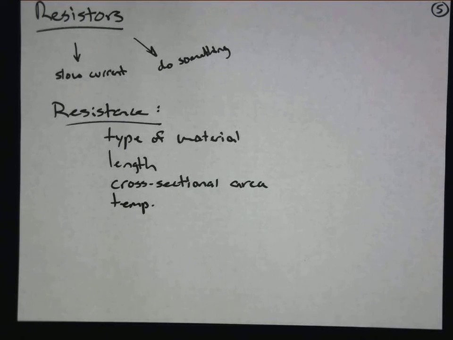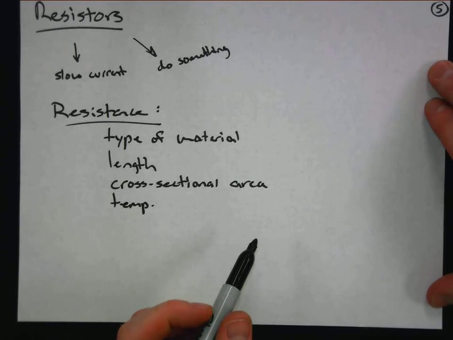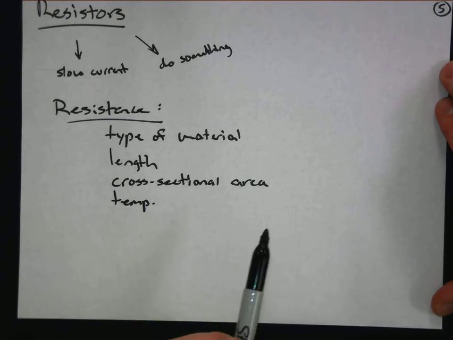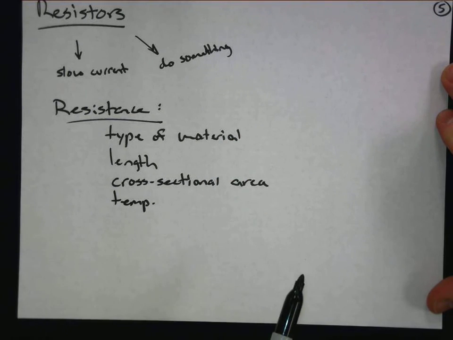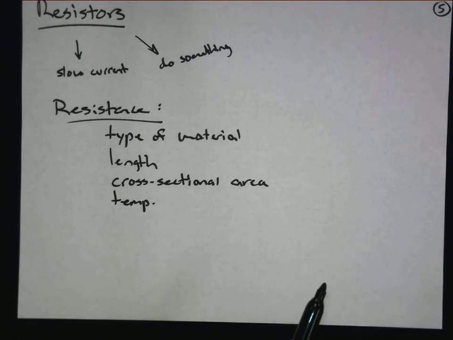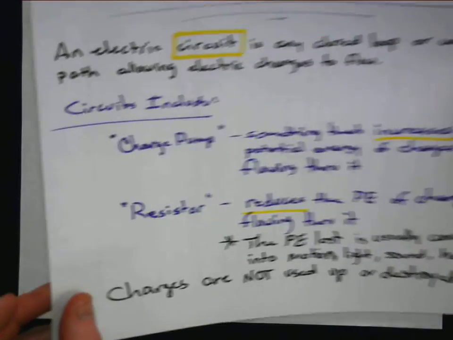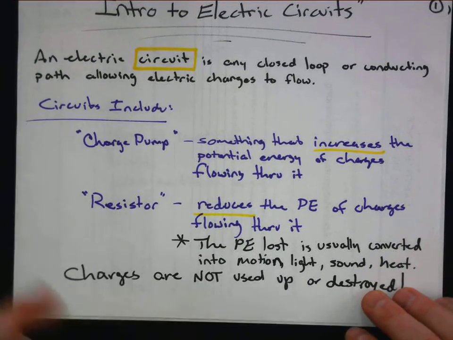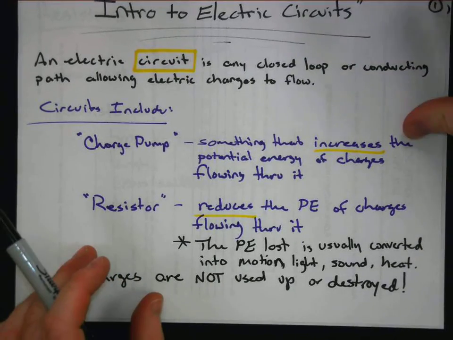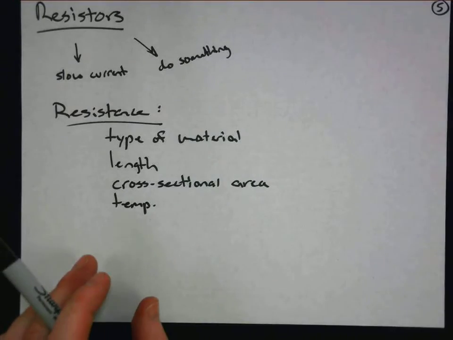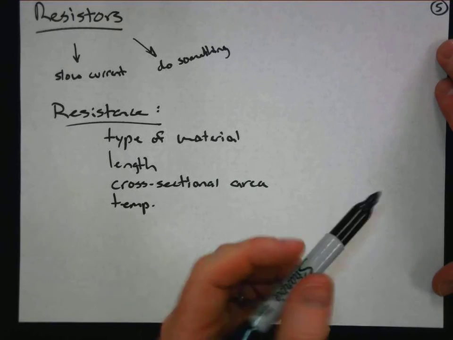Kind of interesting. Now, how do we measure resistance? You measure the resistance of something by placing a voltage across it. You have to have a charge pump, something that gives the charges in that material some extra energy.